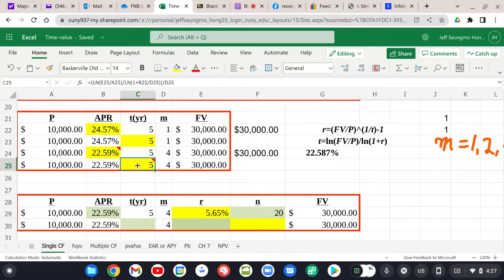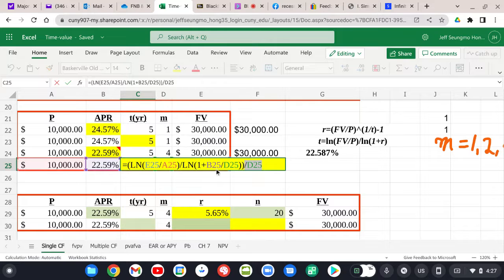Yeah, because I didn't change it to 20. It comes out as 20 because M is 4. In other words, it's quarterly compounding, so the rate had to be adjusted. This is annual, so we had to turn it into a quarterly rate, APR divided by 4.